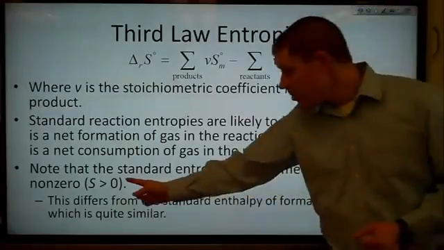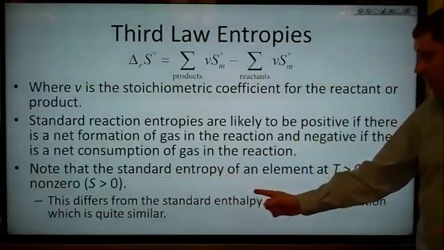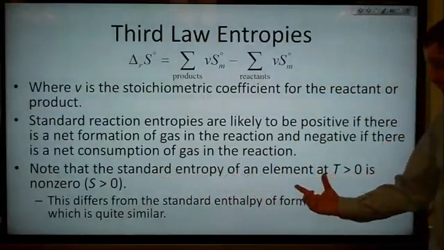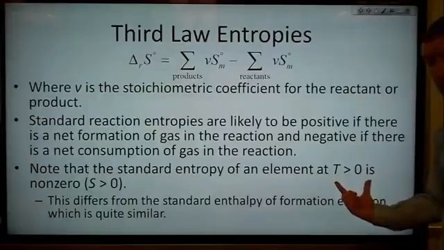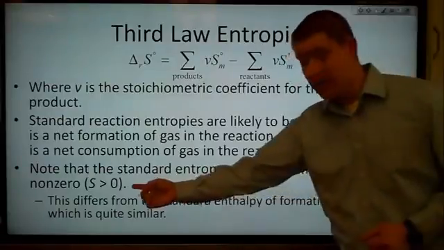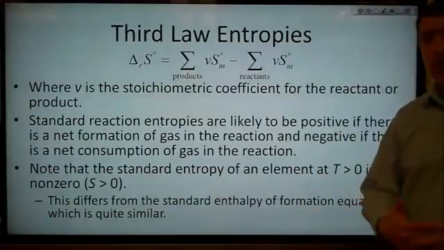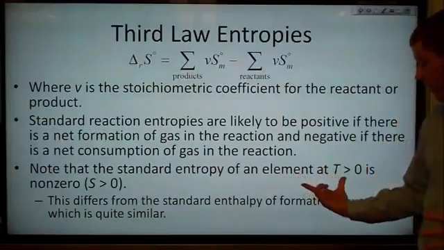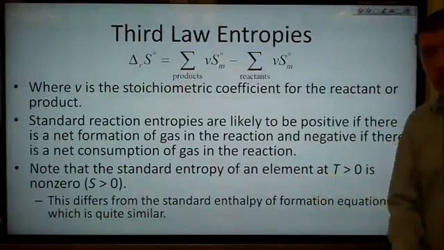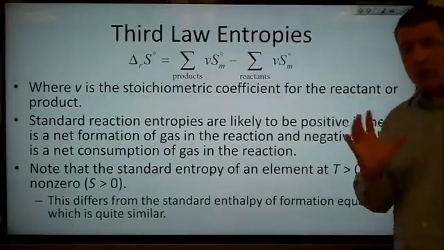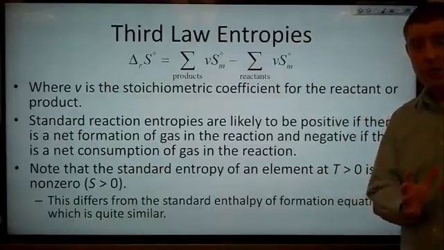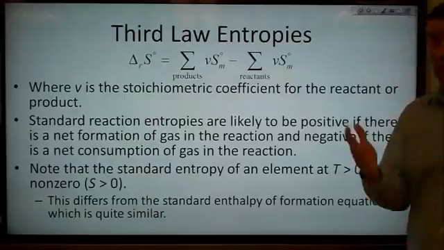And so also note that the standard entropy of an element at some temperature greater than absolute zero is not zero. It's something positive. Right? There's some positive entropy there because as we get our element at some temperature above absolute zero, those molecules start to move, and now there's some disorder in the crystal, liquid or gas.